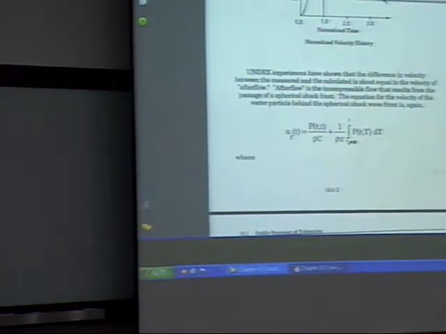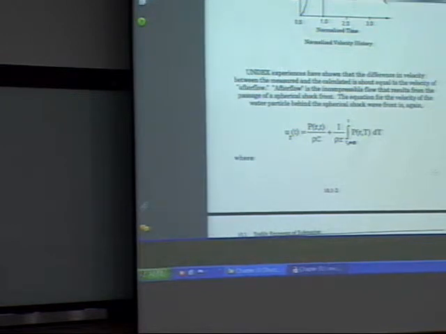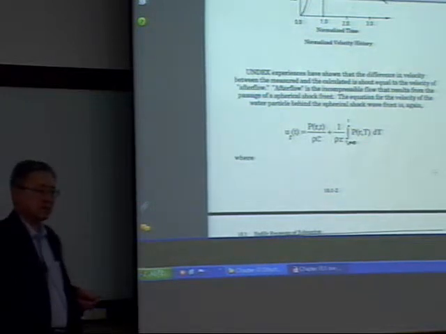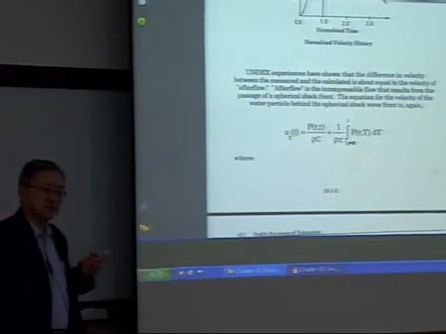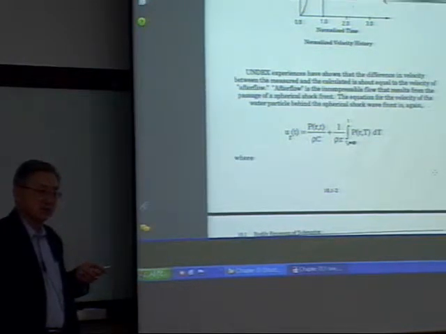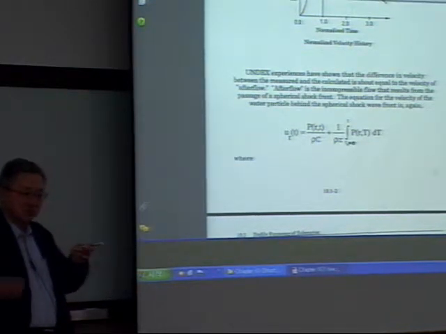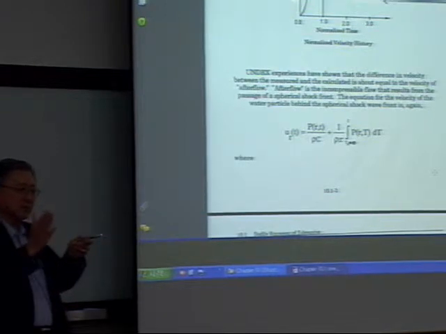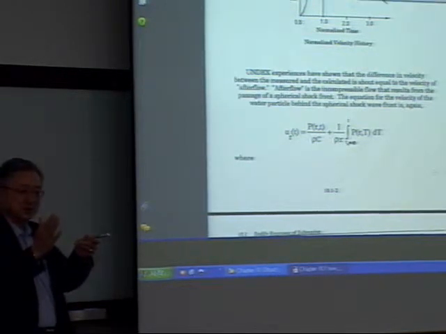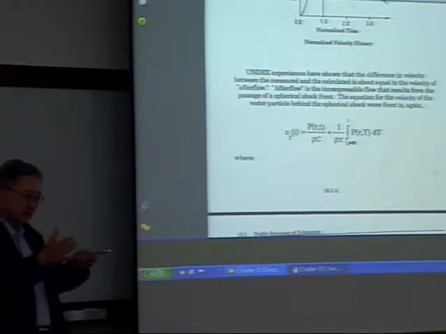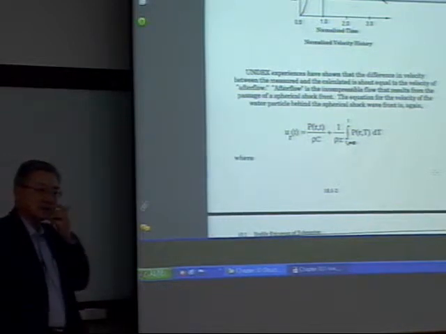You must treat the shock wave as a spherical wave, not a plane wave. Especially, what does it mean? In a plane wave, the curvature is infinite. It's a plane wave hitting it. Okay?